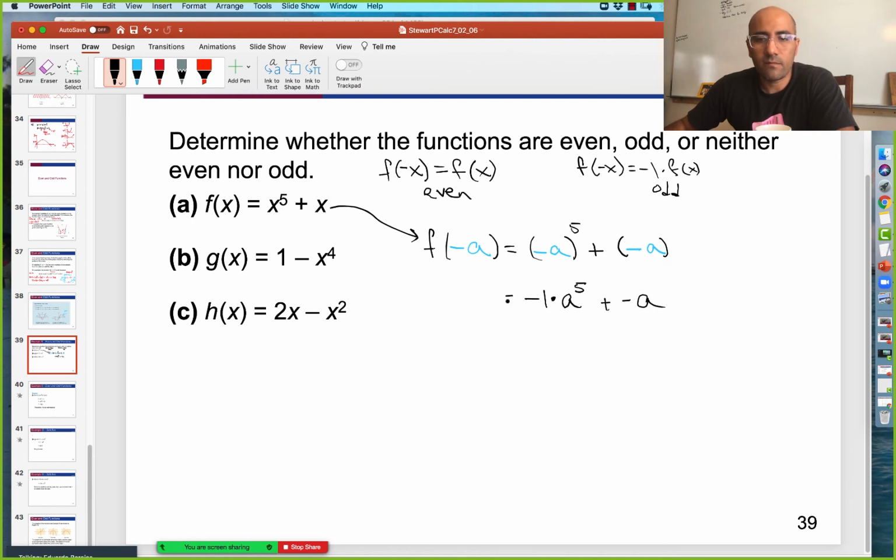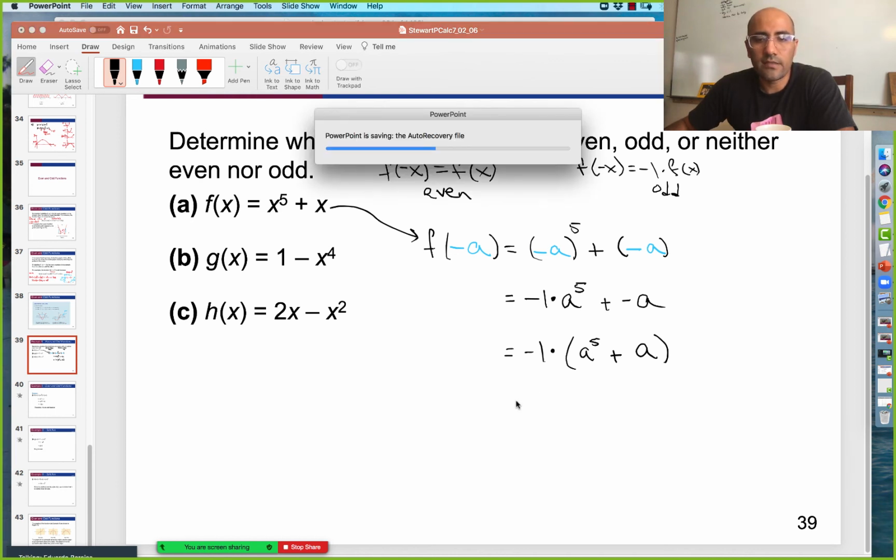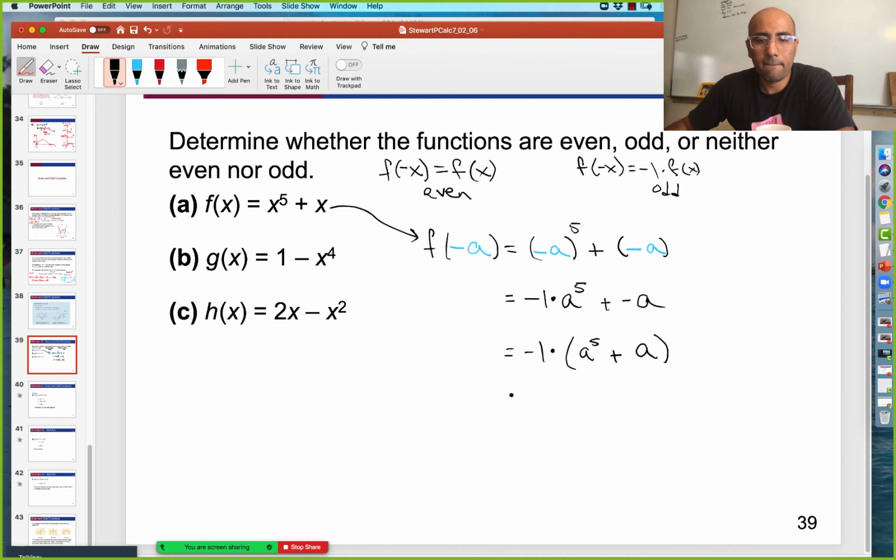Now I can factor out that negative and do -1 times a to the 5th power plus a. And then this is exactly this original function evaluated at a. So this equals -1 times f of a.